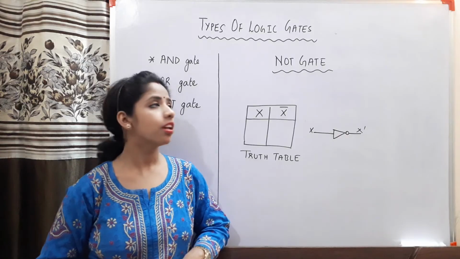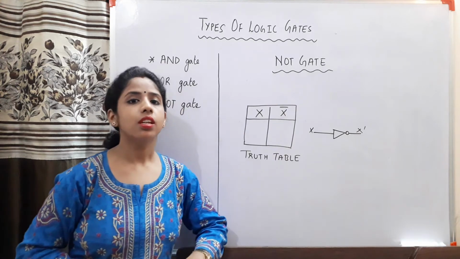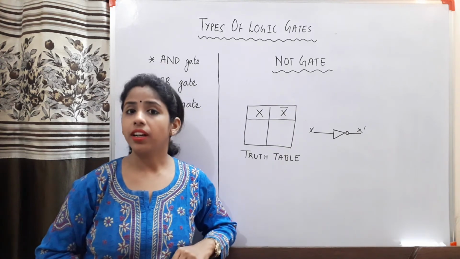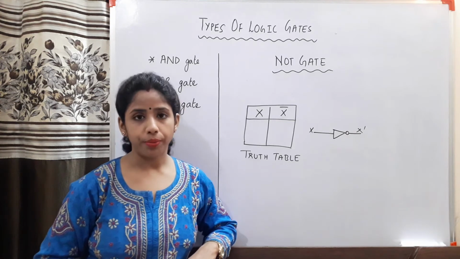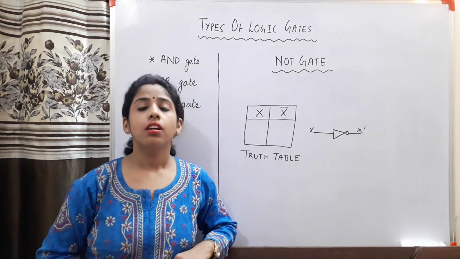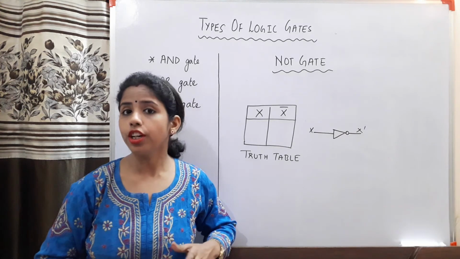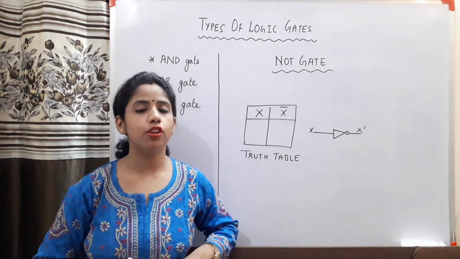In the sequence we have the third gate as the NOT gate, which is the practical implementation of the NOT operator. Now children, as you know, the NOT operator is a unary operator, unlike the AND and OR gates, which were binary operators.